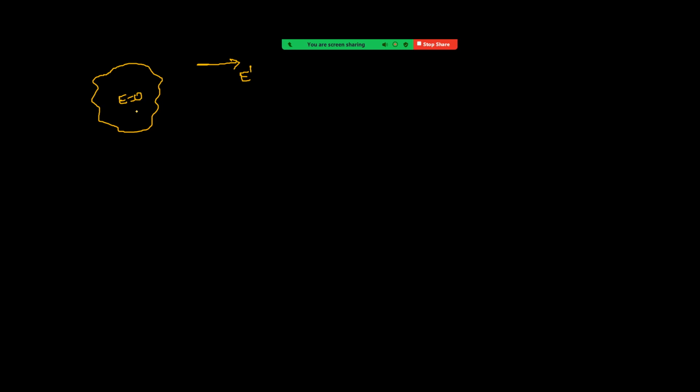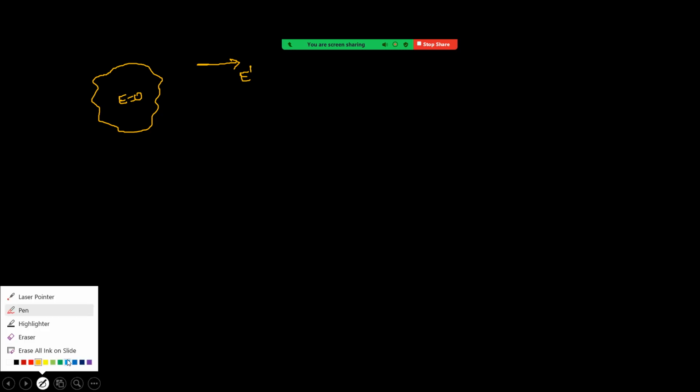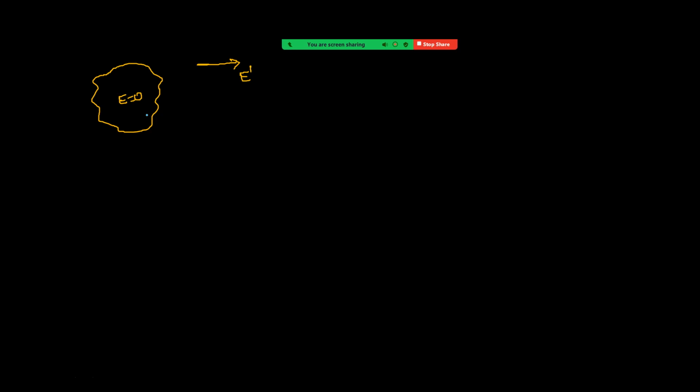So the electrons in the conductor redistribute in such a way that the electric field inside the conductor becomes zero. Now see carefully. If we take Gauss law, consider a Gaussian surface.